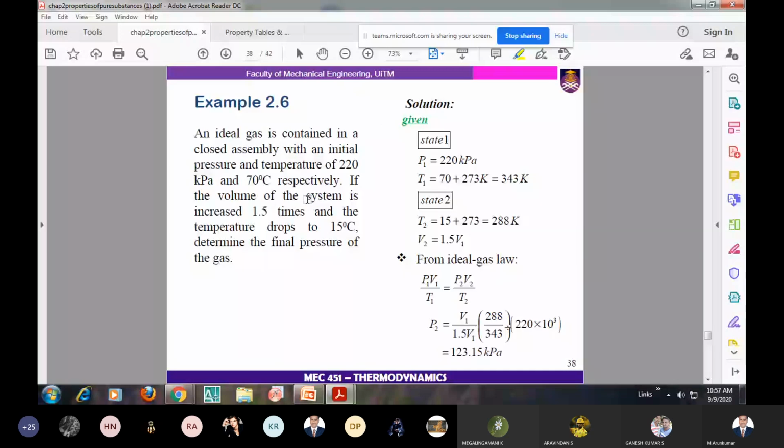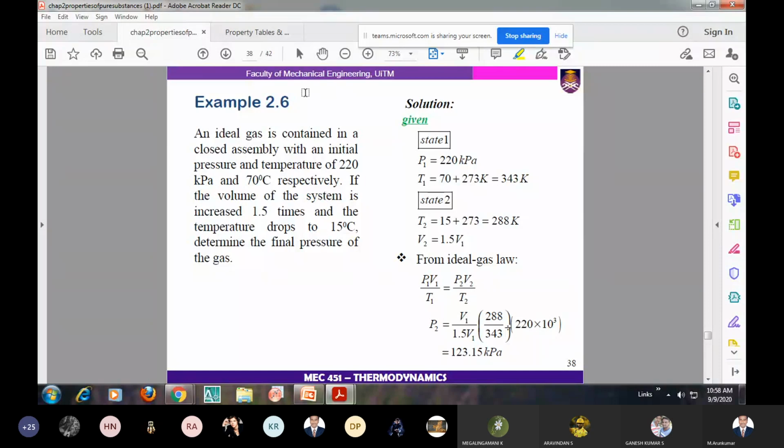An ideal gas is contained in a closed assembly with an initial pressure and temperature of 220 kilopascal and 70 degrees Celsius respectively. So we have P1 220 kilopascal and T1 70 degrees Celsius, and the system is closed.